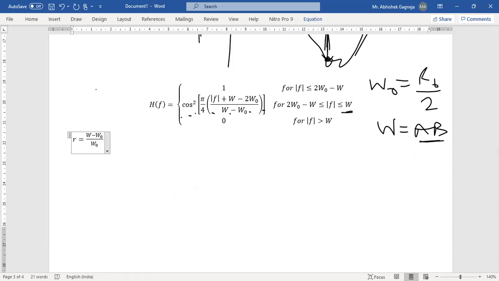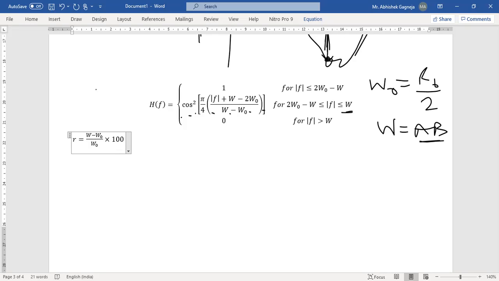Sometimes it is written in the form of a percentage. So there you can add 100 factor to that. So this much roll off percentage. What that means is that excess bandwidth percentage that is used.